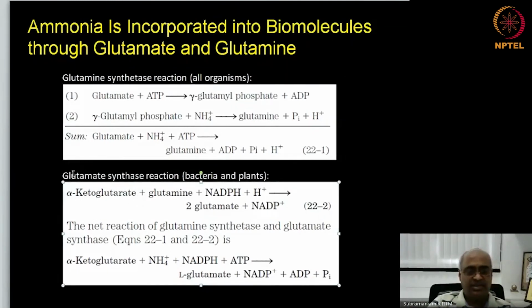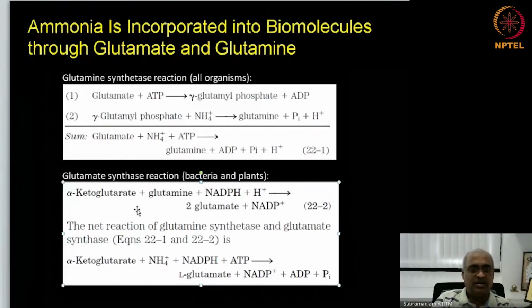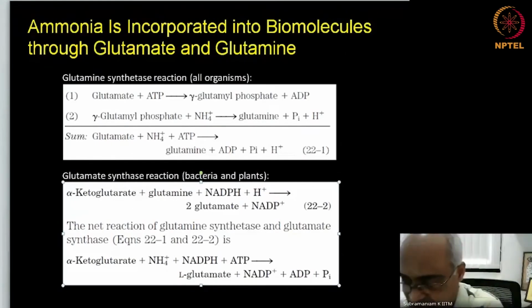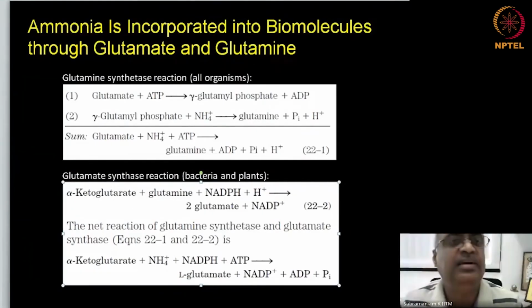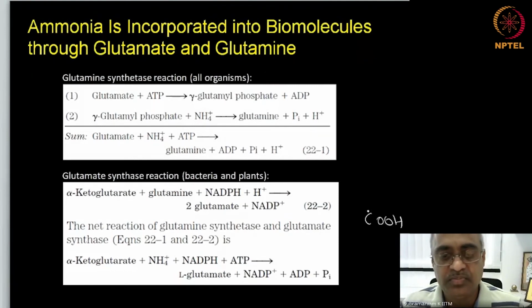The other enzyme, on the other hand, glutamate synthase, is only in bacteria and plants. So what it does is a simple transamination reaction. We will discuss transamination reaction in detail when we go into amino acid catabolism. So all you need to know for now is this. I'll just draw that briefly here. For example, if we take alpha-ketoglutarate, you have a COOH group, and then you have CH2 and one more CH2.